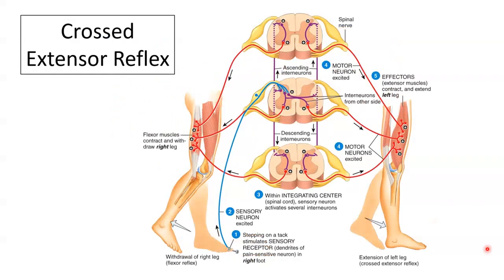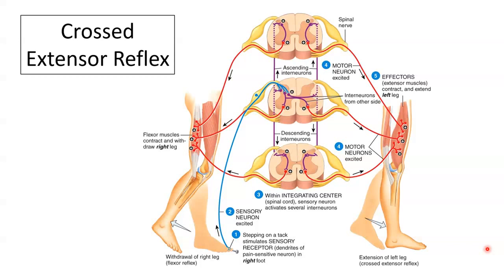The last example I wanted to provide you was our crossed extensor reflex. And this is a contralateral reflex, so it involves both sides of the body. And I'll let you walk through this diagram in your own time as there's lots going on, and I think it might be better for you to have a bit of a read while I'm not talking. But this reflex is triggered, as an example, when you stand on something sharp or hot.